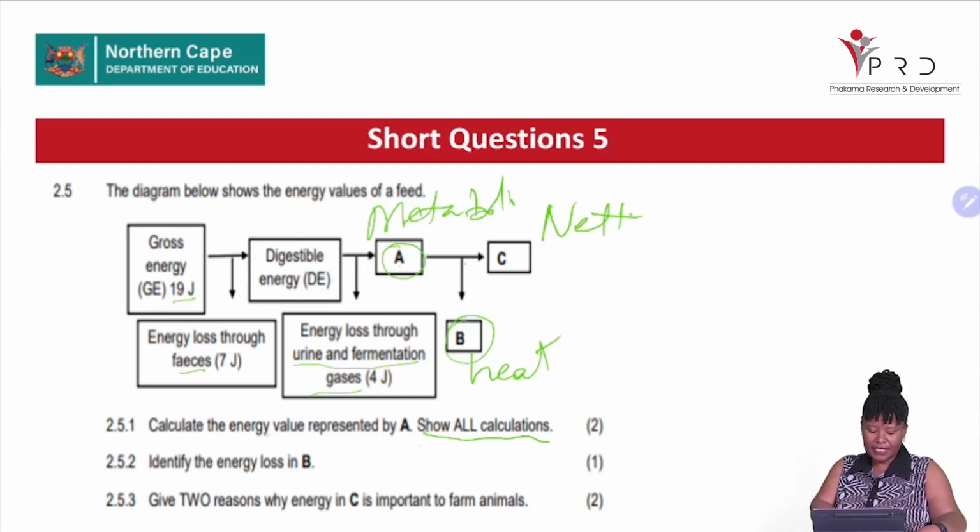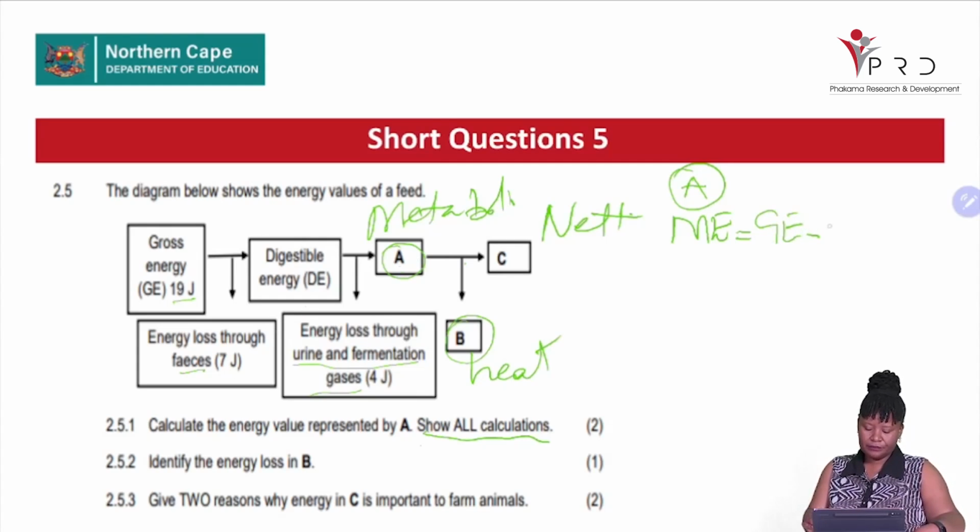So calculating the energy value represented by A. When you calculate A, your A, you know, is your metabolic energy. Metabolic energy is gross energy minus DE minus urine minus fermentation of gases.